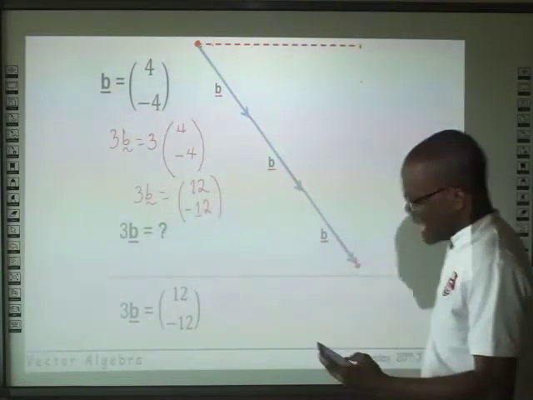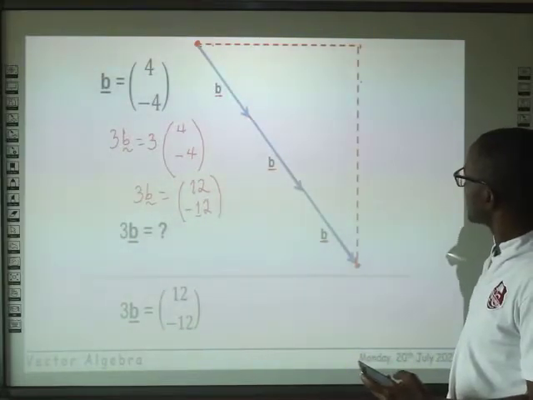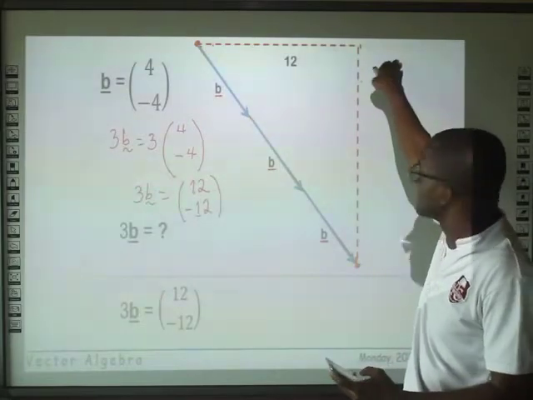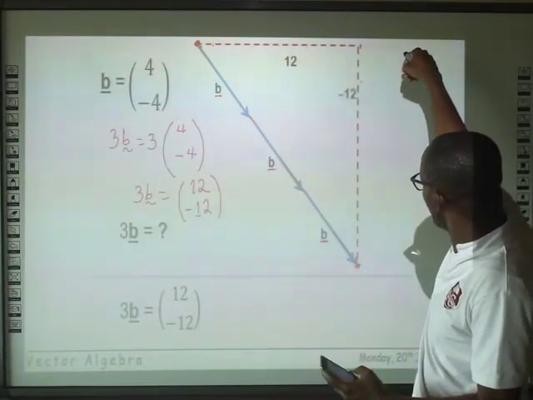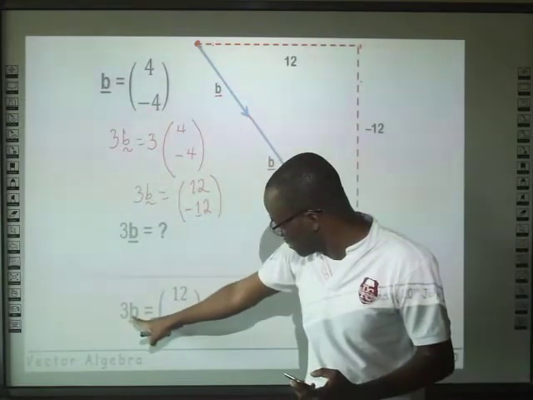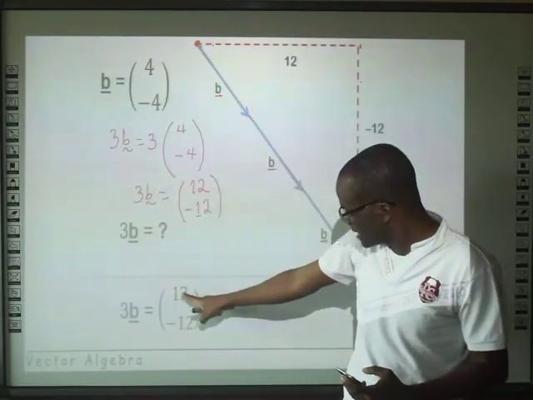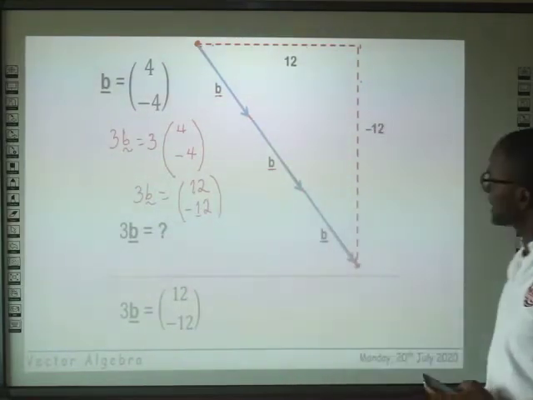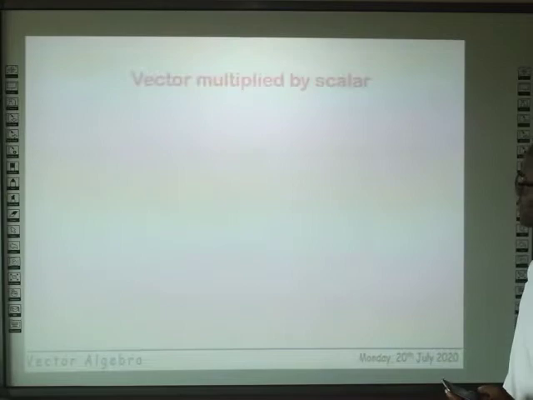So you can see clearly you have 12 along the positive x-axis, and then minus 12 because we're going down the y-axis. So for the vector 3B, the component is 12, minus 12. Okay? So far so good. Let's move on to the next slide.